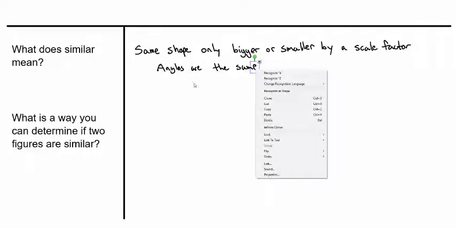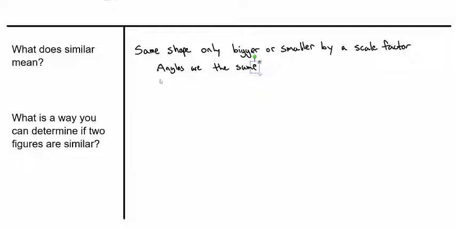Angles are the same. Side lengths could be different. Side lengths could also be the same if it had a scale factor of 1, right?